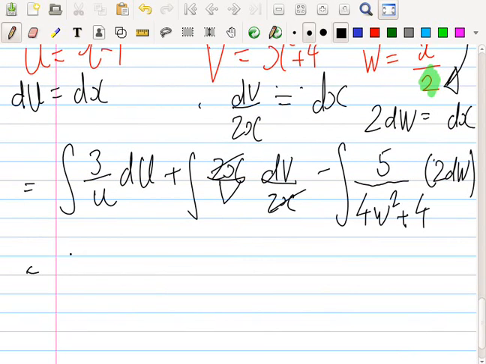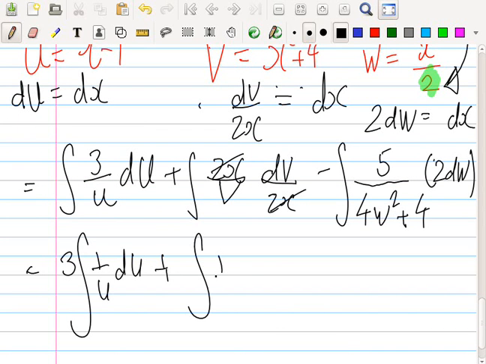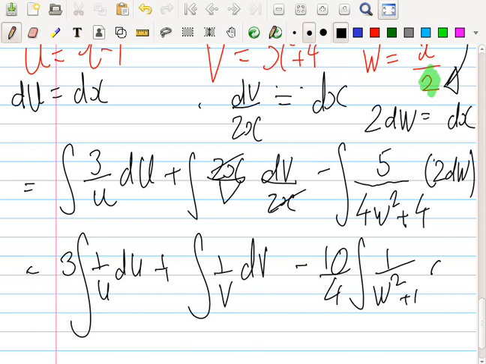So here you get 3 times 1 over u du plus 1 over v dv minus 10 over 4 times 1 over w squared plus 1 dw. Well, what's 10 over 4? 5 over 2.